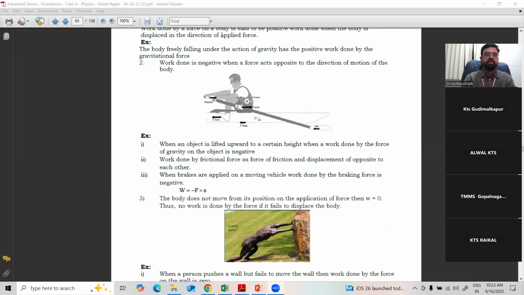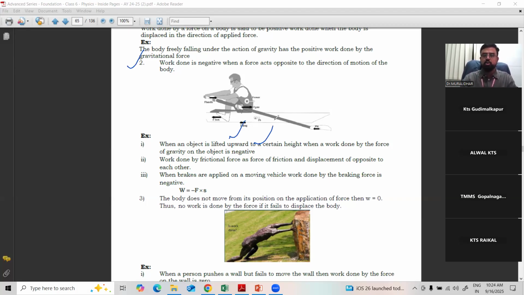Now, case 2: work done is negative when the force acts opposite to the direction of motion. Suppose when you are swimming, you apply force in the opposite direction and you move forward, just like action and reaction. Example, when an object is lifted upwards to a certain height, the work done by the force of gravity is negative.